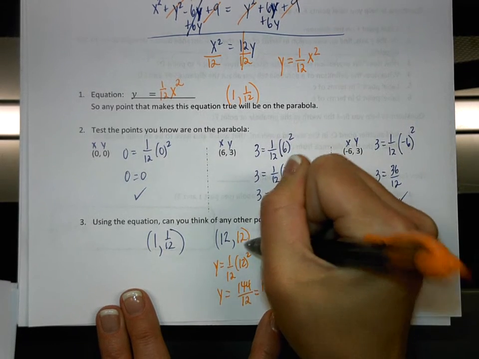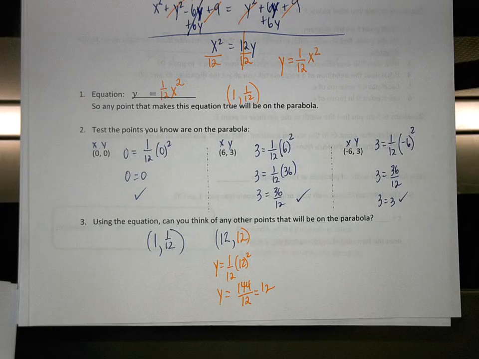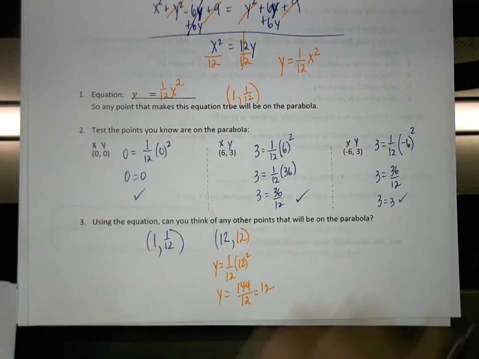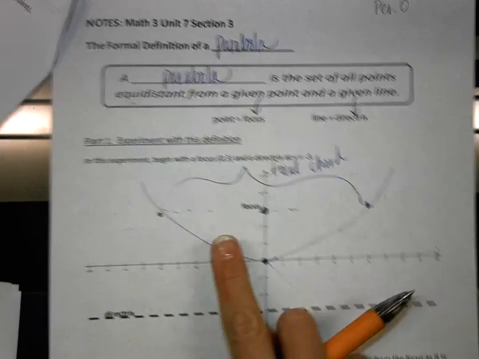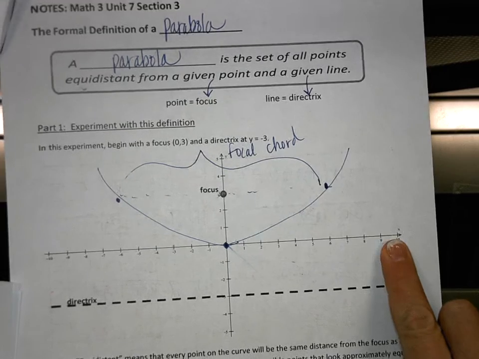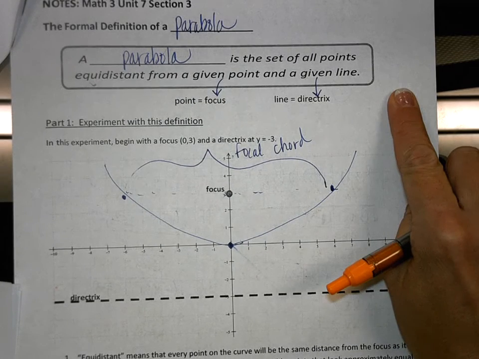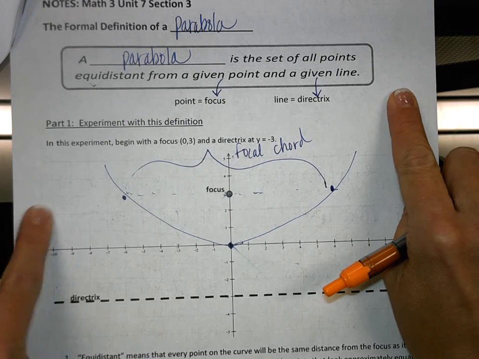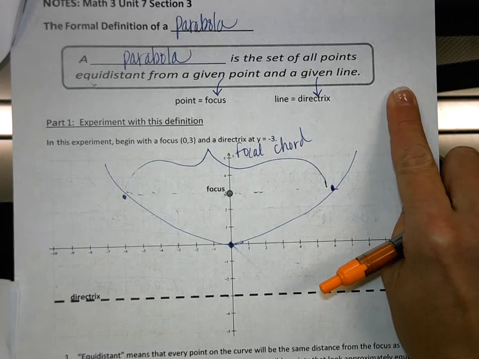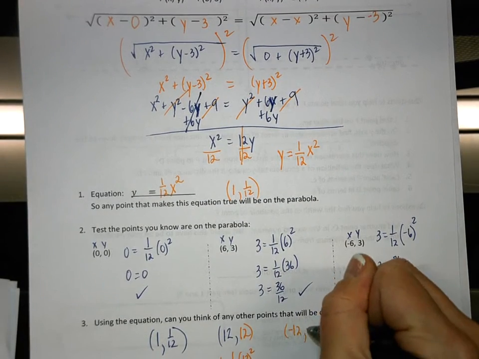Now, think about your parabola. If you have a point, okay, going back here, okay? If I have a point over here at 12, and then it's going up 12, that means there's also going to be a point at negative 12 and up 12. So that means there's one at negative 12. Very good.